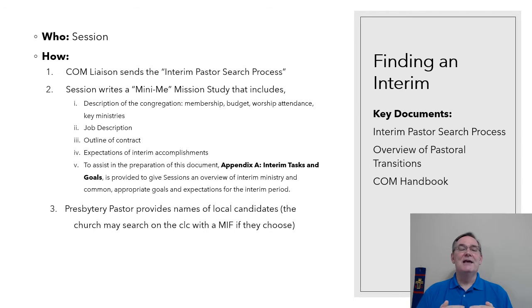Sometimes they are interims that I've interacted with around the nation. A church can put a ministry information form together and do a national search on the CLC, but that's just going to take a lot longer. And usually we have very strong, viable candidates who are living here in Arizona and New Mexico, and we can get the church moving forward sooner rather than later.